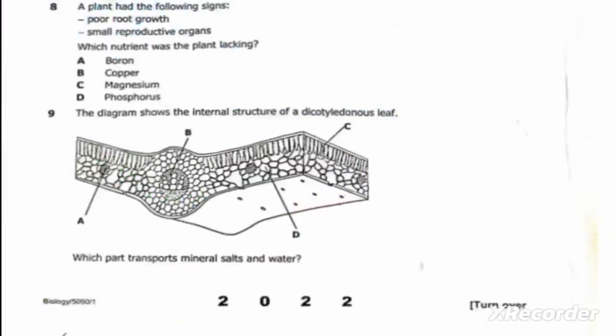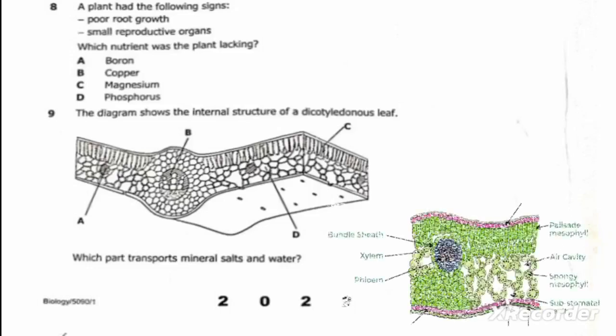The next question, which is question 9. The question reads, the diagram shows the internal structure of a dicotyledonous leaf. Which part transports mineral salts and water? We know that the part that transports mineral salts and water is the xylem.